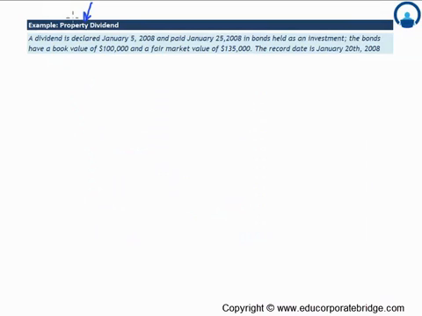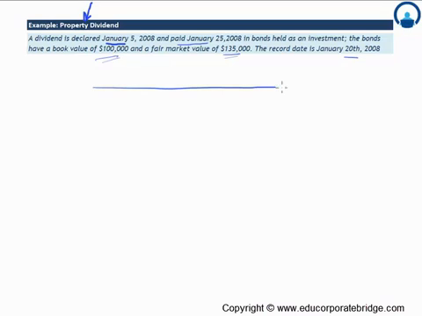Let's take a running example of property dividends. The date of dividend declaration is 5th of January 2008, and it is paid on 25th of January 2008 in bonds. The bond has a book value of $100,000. The fair market value is $135,000. The record date is January 20th, 2008.